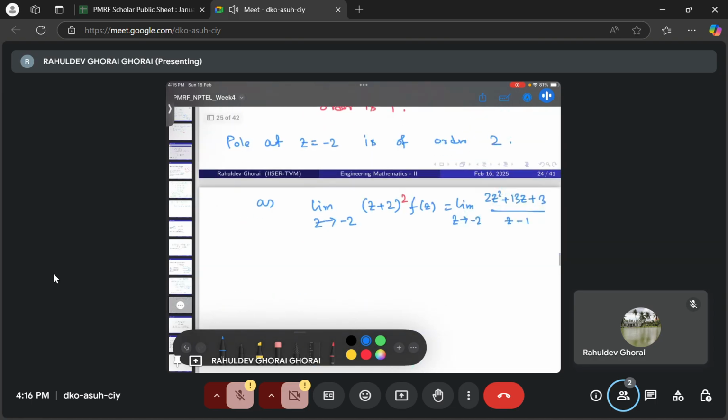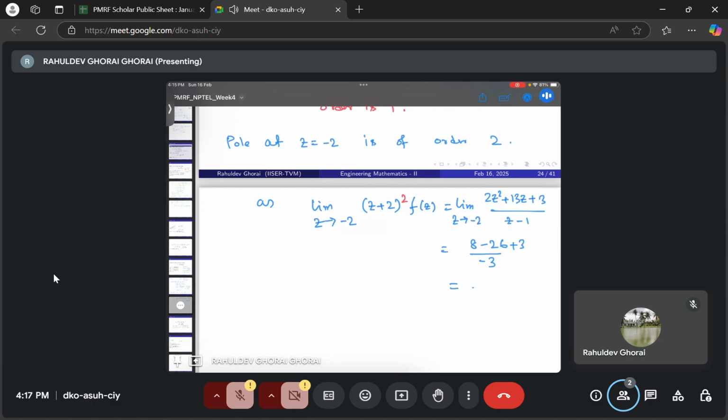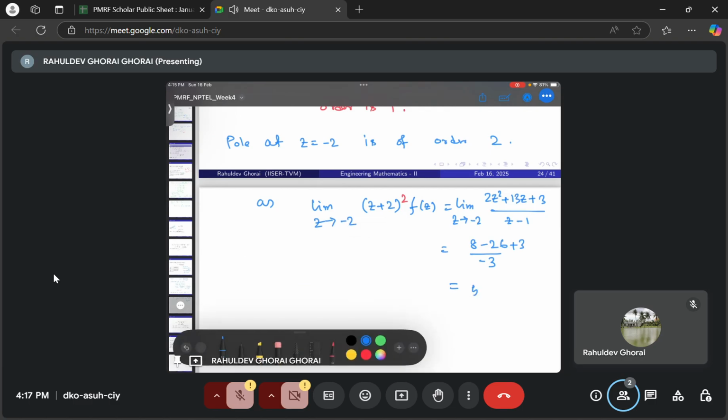That's all, because z plus 2 whole square will get cancelled. So it will be over minus 3, and the numerator is 8 minus 26 plus 3, 11 minus 26 is minus 15. So it will be 5, which is not equal to 0.